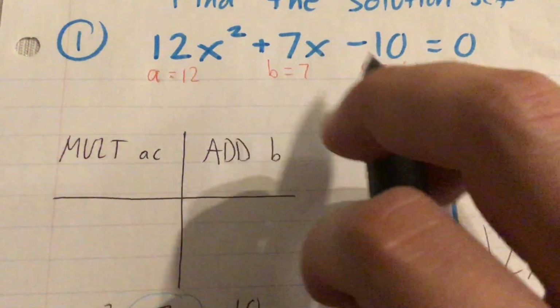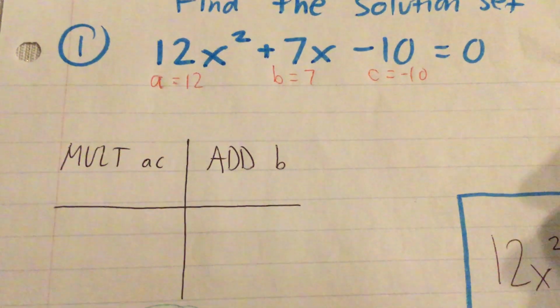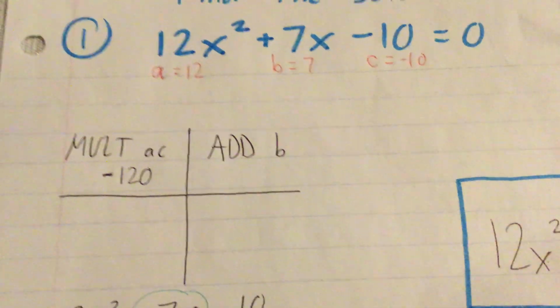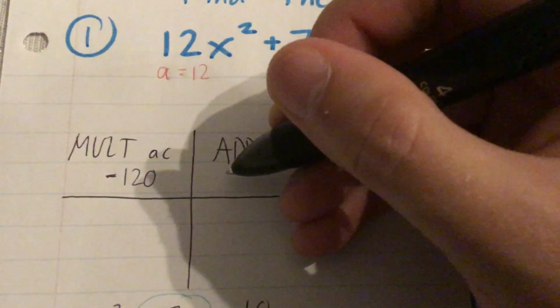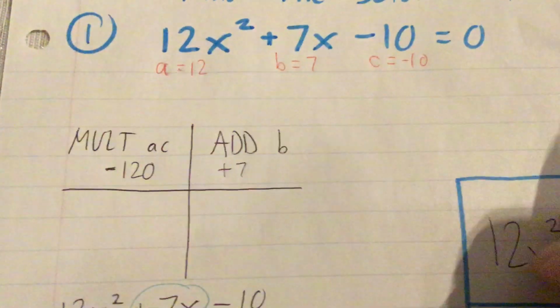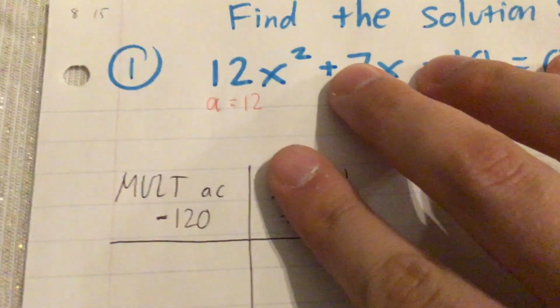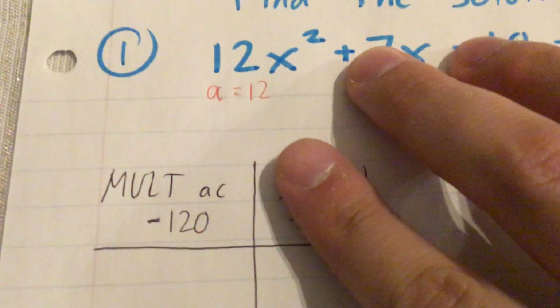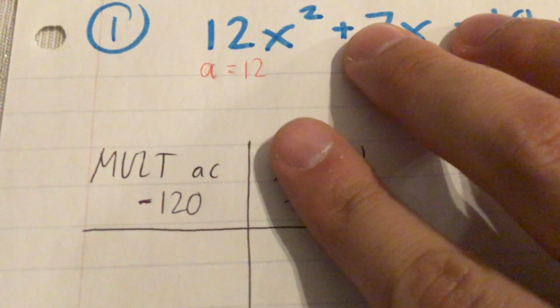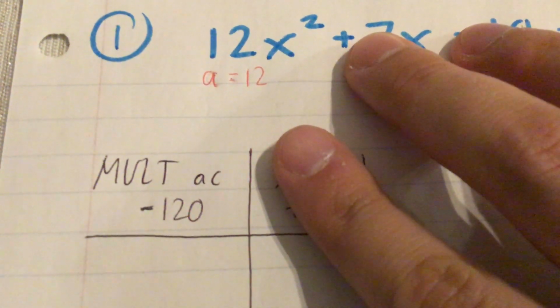So if I do 12 times negative 10, that ac becomes negative 120. So two numbers that multiply to negative 120, but add to b, which is positive 7. Whenever I see this, I get a little confused, so I like to calm myself down. If it multiplies to negative 120, I know the combination needs to be some sort of positive negative.